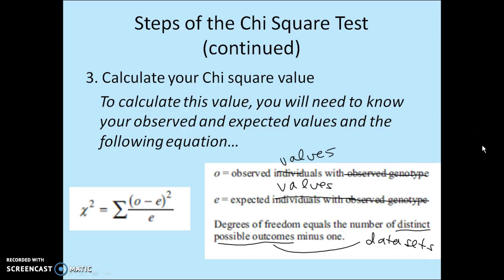Once we know our expected and our observed values, our next step is to calculate our chi-square value. So we're going to use this equation. In this equation, O stands for our observed values, and E stands for our expected values.